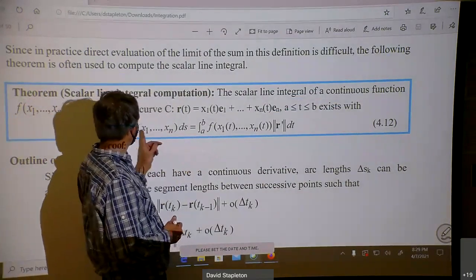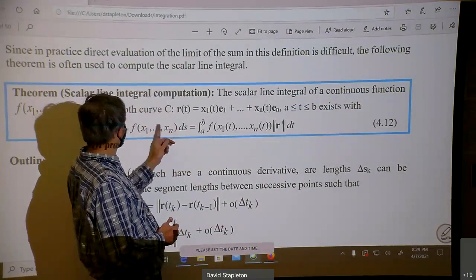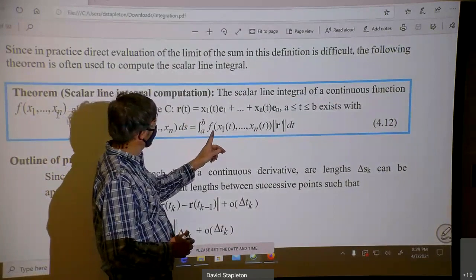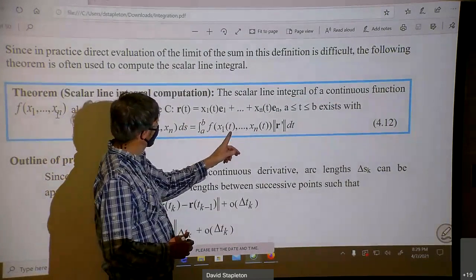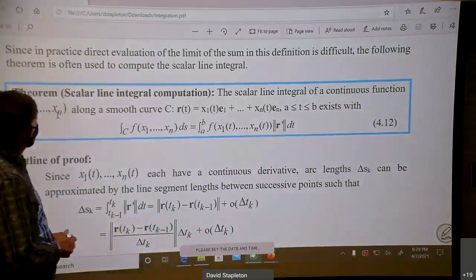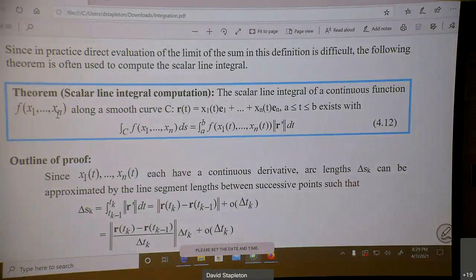What this comes out to be is that the line integral as defined, the limit of that sum, is actually equal to the integral of f of r of t times the length of r prime dt. That evaluates the line integral. This represents the limit of the area of the rectangles below the surface. Let me write that on the board, then summarize the notes too.